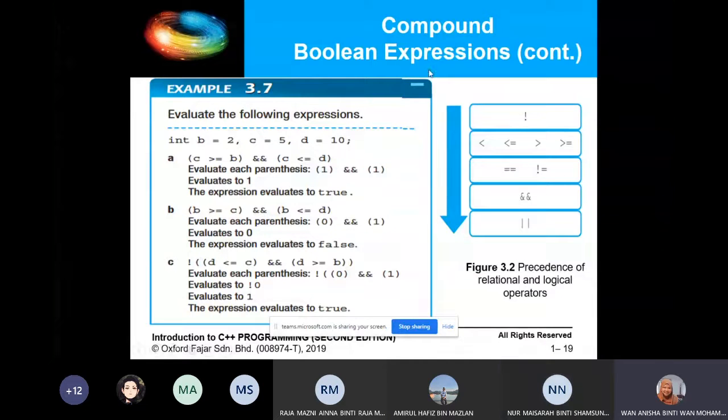For a compound Boolean expression, you also need to follow the order of precedence when you solve the expression. Okay, starting from the exclamation marks, the not, followed with the symbol less or greater than or equals to, then the equals to and the not equals to, and baru or. Kena ikut turutan from left to right. Kena ikut precedence lah.